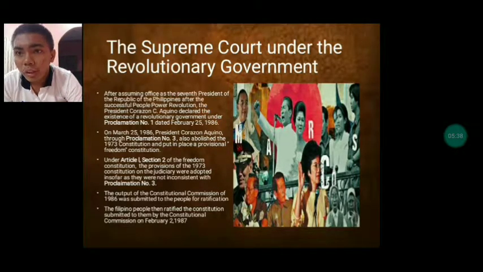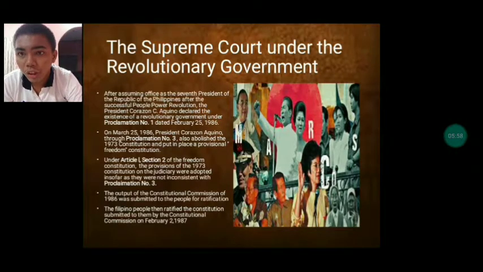On March 25, 1986, President Corazon Aquino issued Proclamation Number 3 to abolish the 1973 Constitution and put in place a provisional Freedom Constitution.